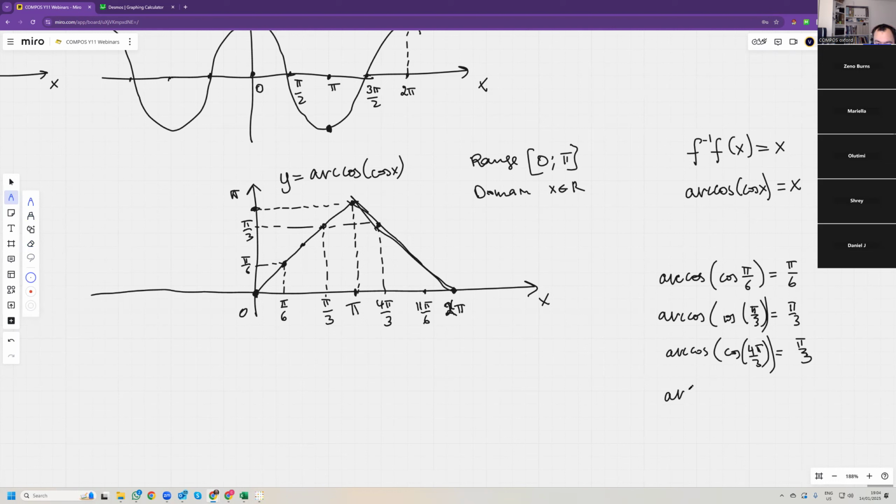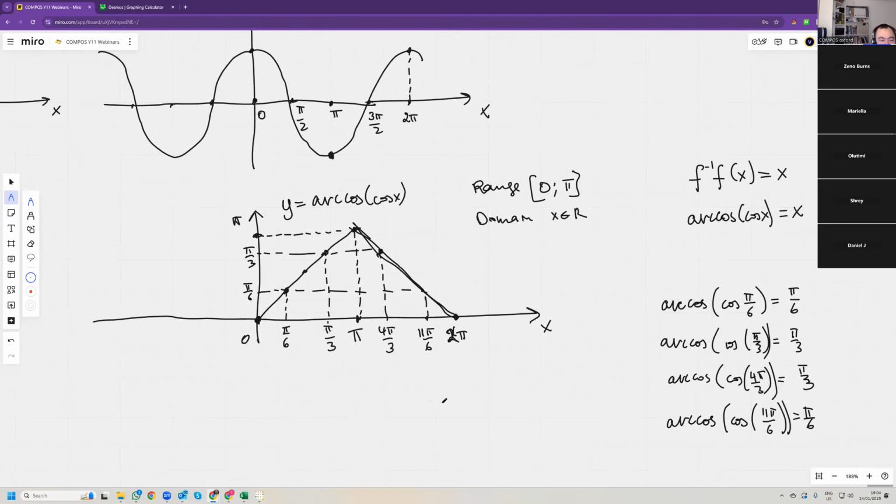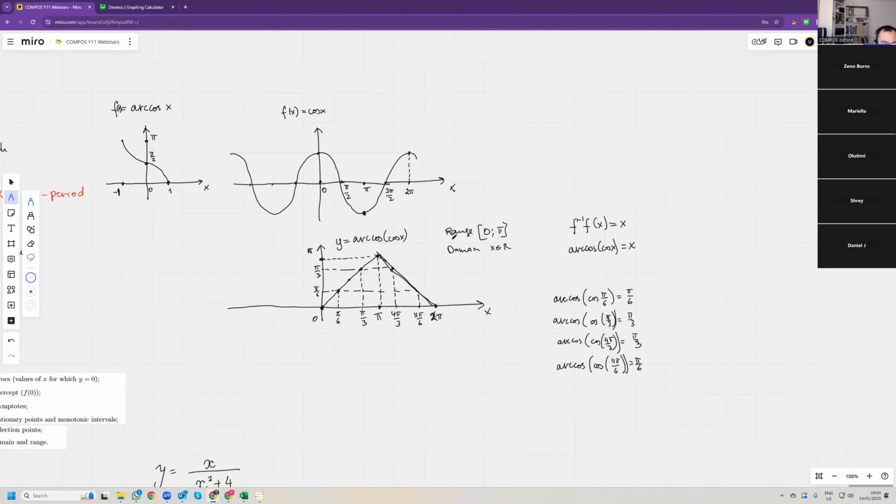And arccos of cos 11 pi over 6, that's going to be pi over 6. Sorry. And you will see that the graph goes like this. But this is a periodic graph, that means it repeats itself. So it's going to go like this.